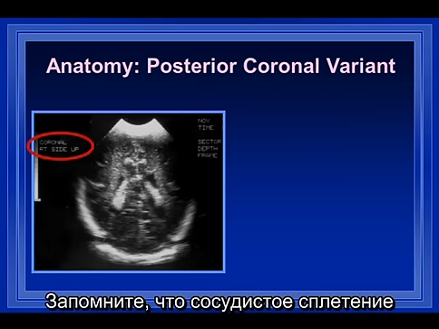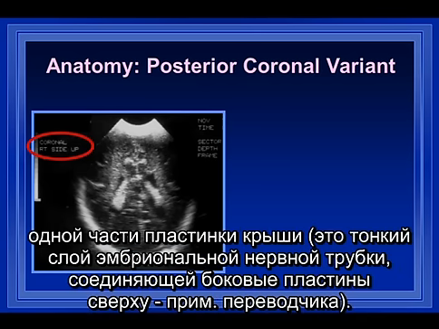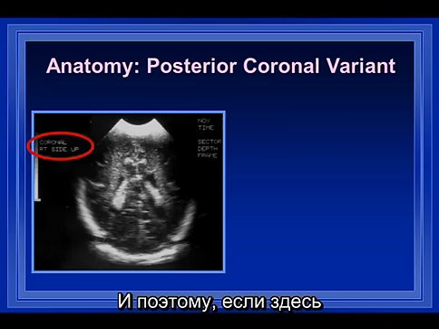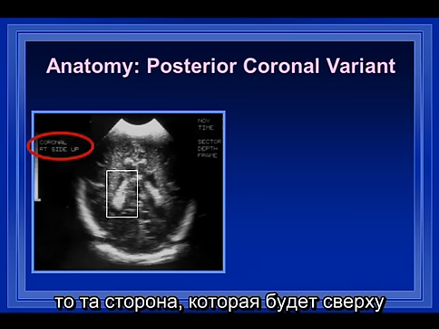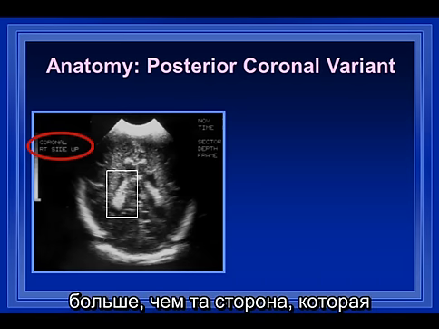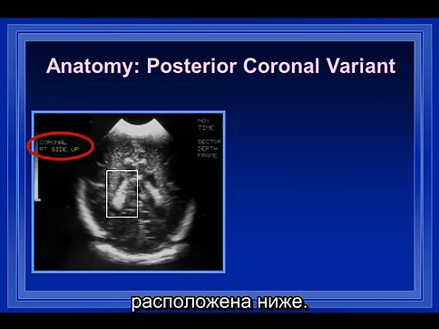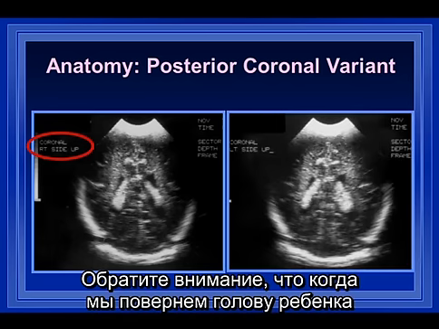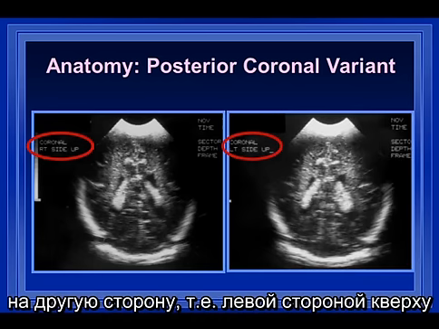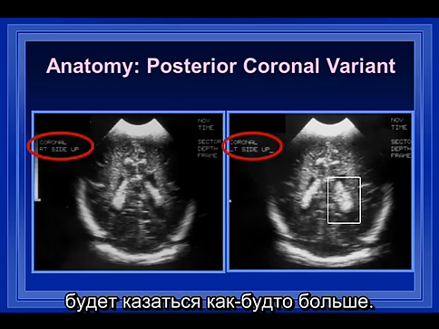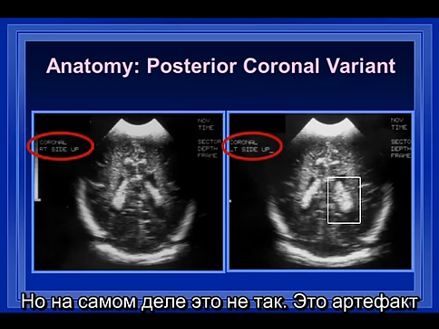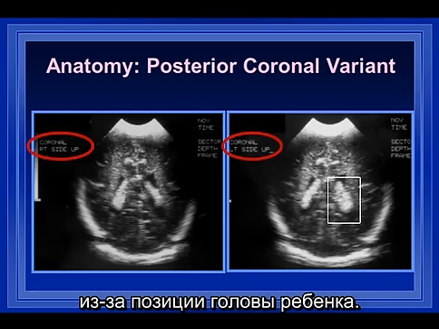Remember that the choroid plexus is buoyed up by only one part of the roof plate, so that if there is a change in the position of the baby's head, the side that's up tends to appear larger than the side that is down. Notice when we turn the baby's head the other way, with the left side up, we now see that this glomus of the choroid plexus looks as though it is larger. It really isn't. This is an artifact of positioning.